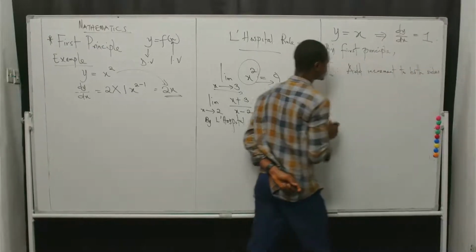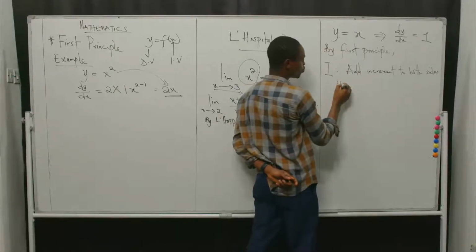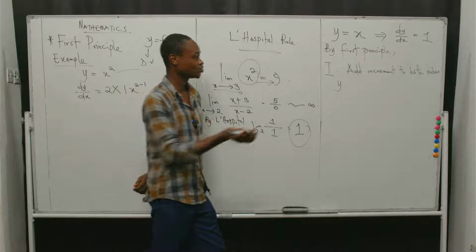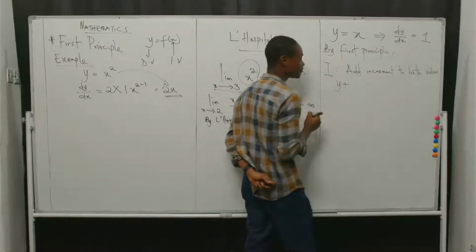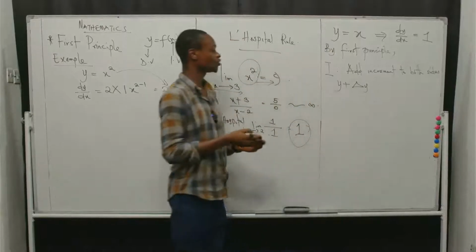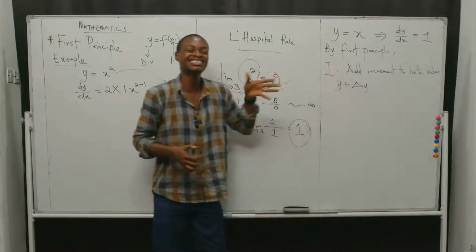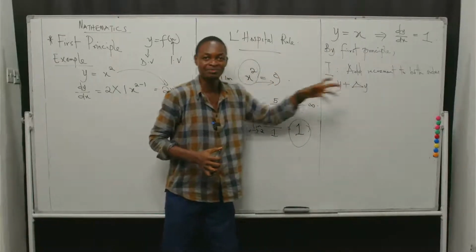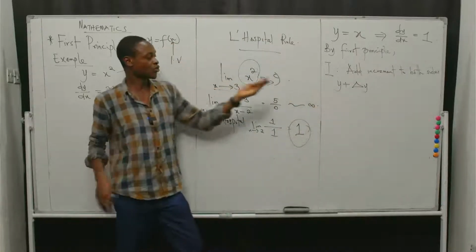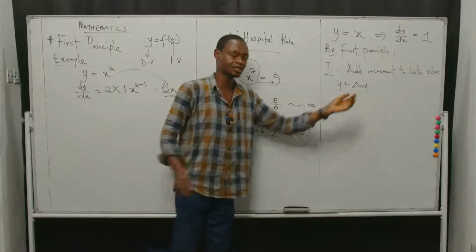So let's put that into perspective. On the left-hand side, we have y. So we'll add the increment of y to the left-hand side. How do we represent the increment? We represent it by delta y. So this delta means the slight increase in y, that slight value that increases y. So y is the original, and this is the slight increase on it.